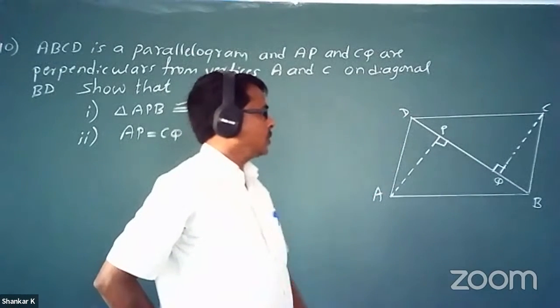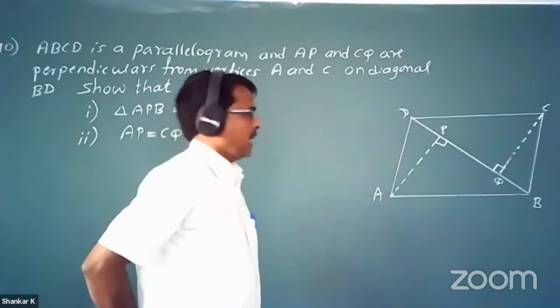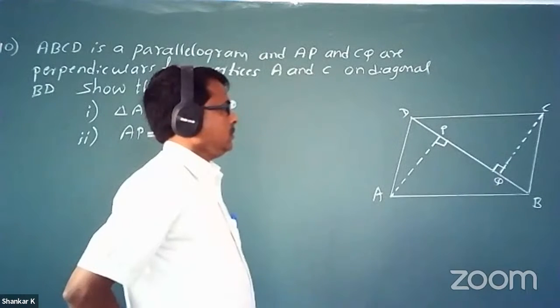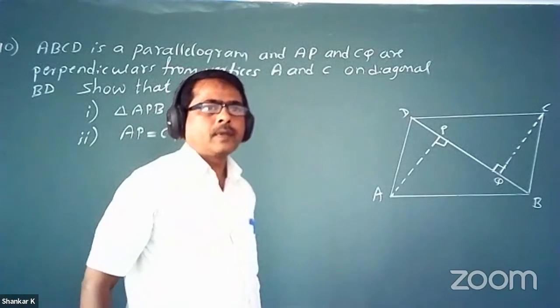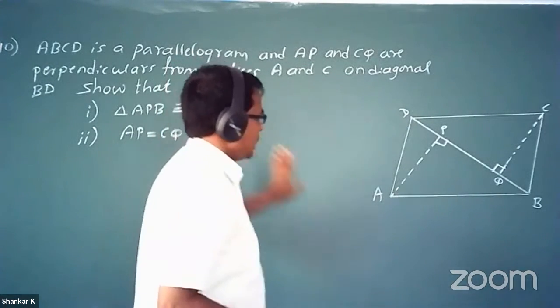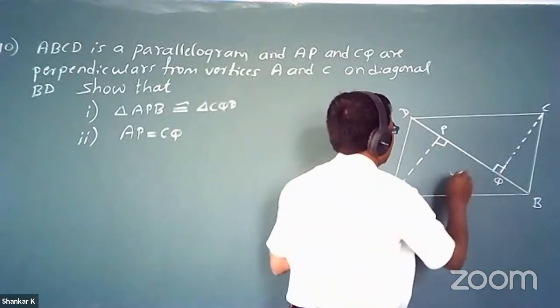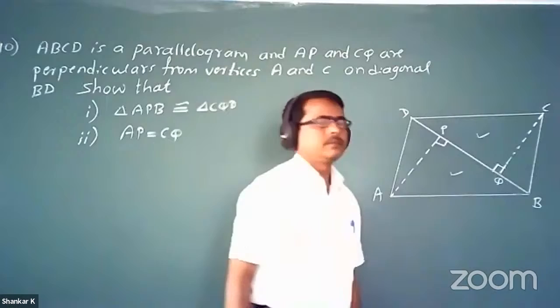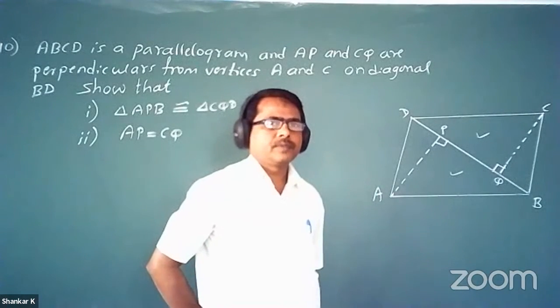By which congruence rule we can prove these two triangles are congruent? Can you tell me? It's easy. Which are equal parts in these triangles? APB, this triangle and this triangle.